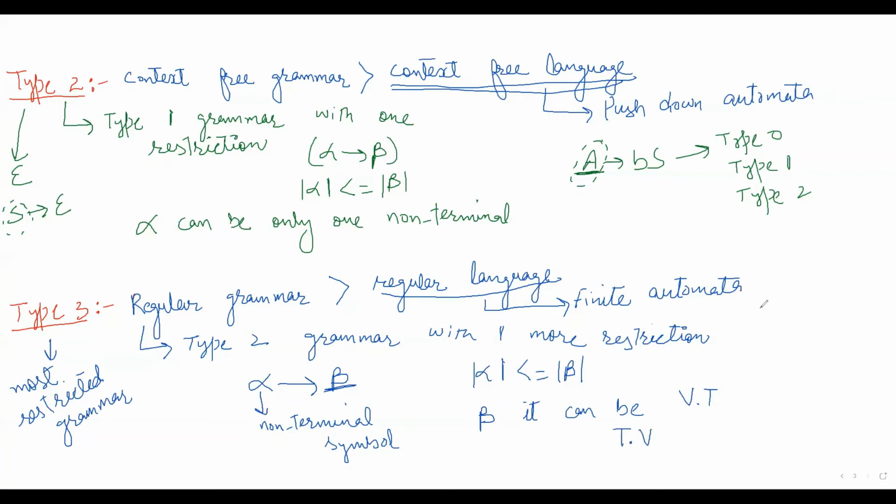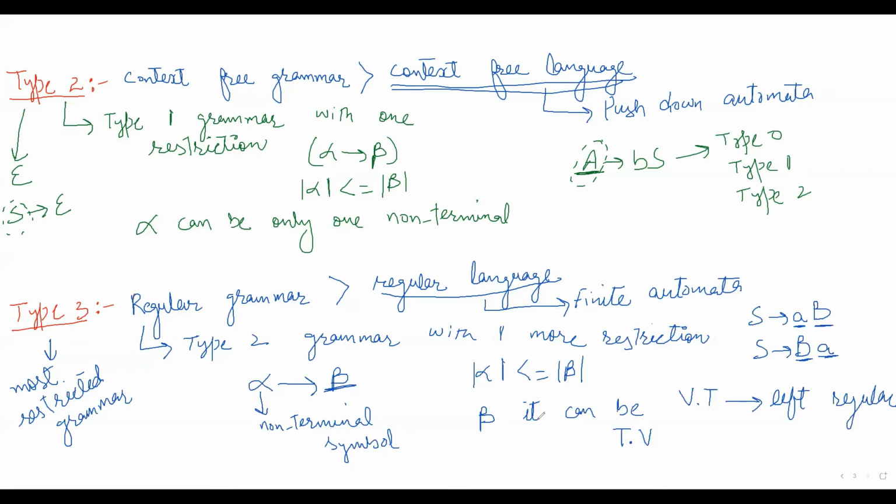So the production can be of this format, where the first one is terminal and the second one is non-terminal, or of this format, where the first one is non-terminal and the second one is terminal. And this type of grammar is called left regular.